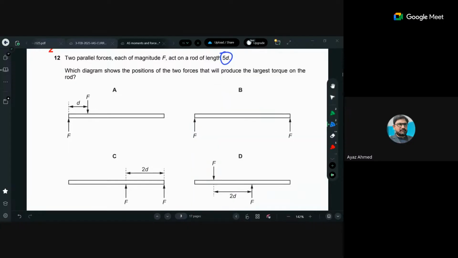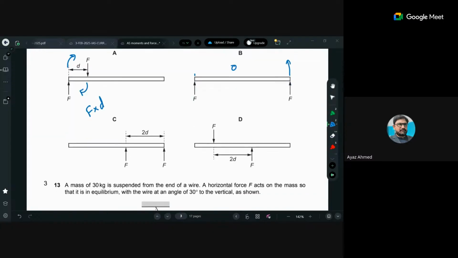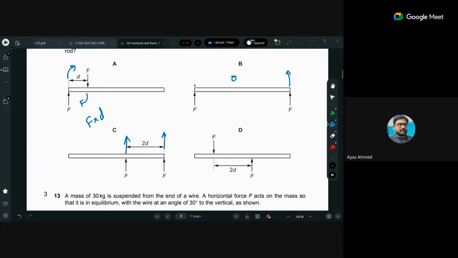If the force is applied over there, what is the torque produced here? That is F into d. And if it is applied in this way, then zero torque is produced here. And if this force is applied in this direction and this force in this direction, then one of them would be considered as a pivot.